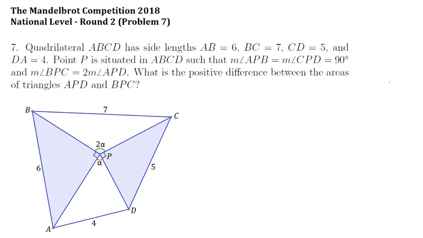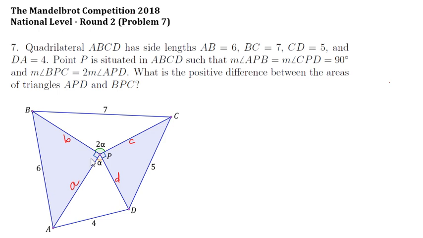Okay, so I'll start by representing some side lengths in the figure. Let's represent AP with a, BP with b, CP with c, and DP with d. Let's also find the measures of angles BPC and APD.